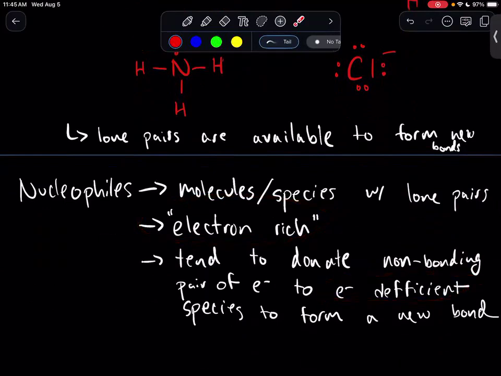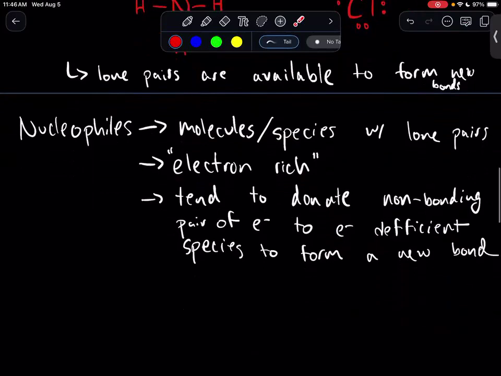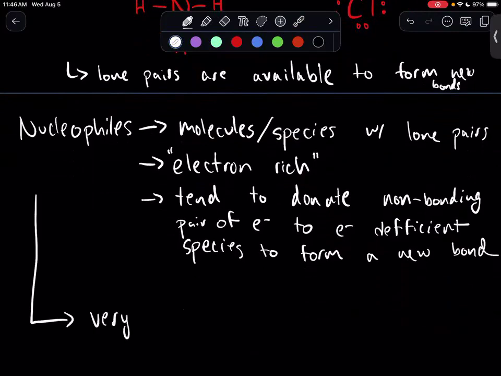So we're going to start looking at what it means to be electron deficient, and we'll explore that further in later sections. But for now, these are nucleophiles, and these nucleophiles are very important for substitution reactions.